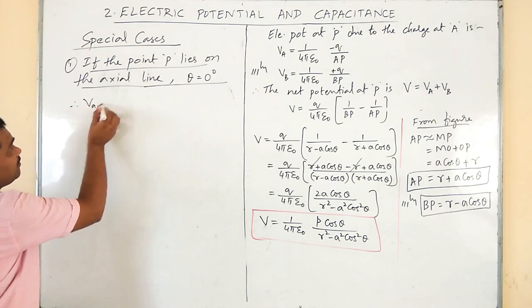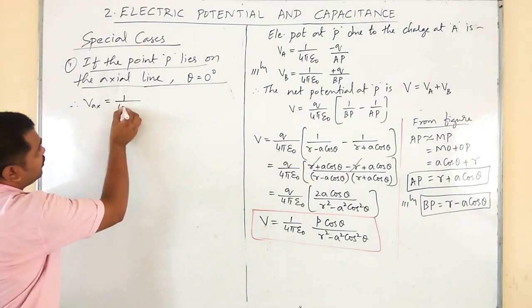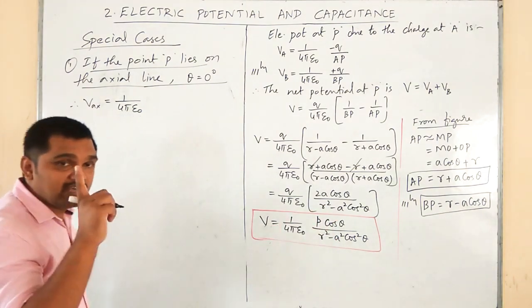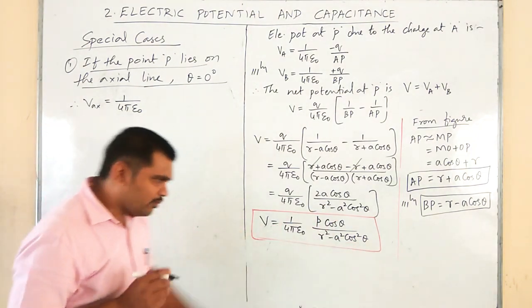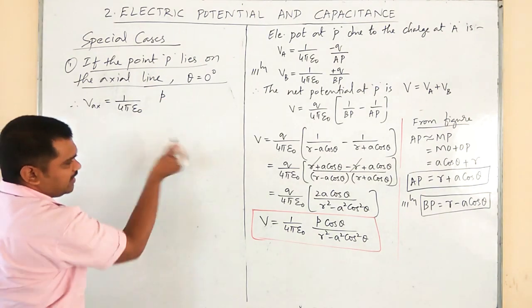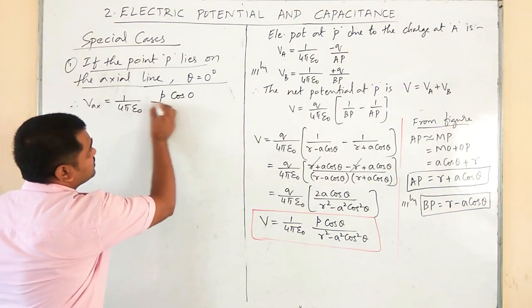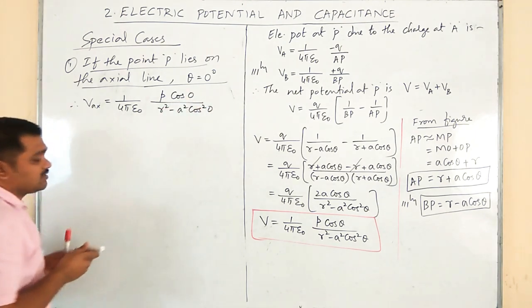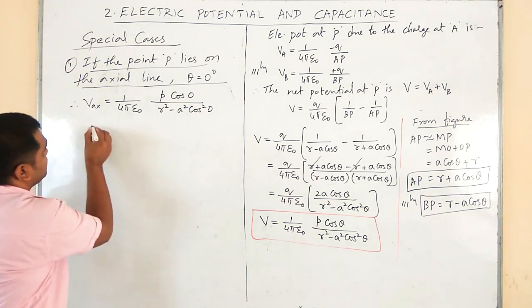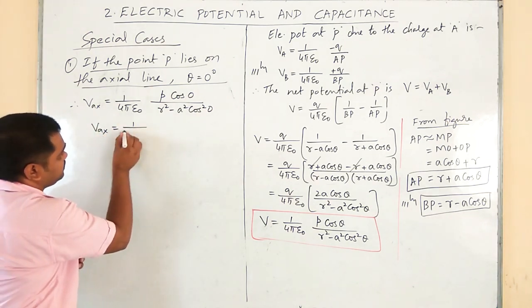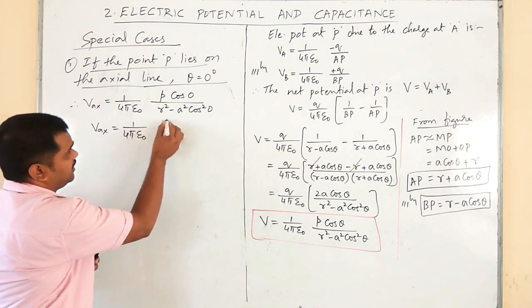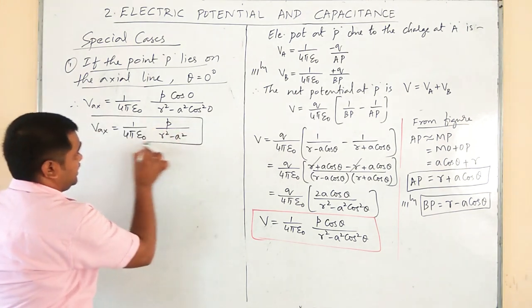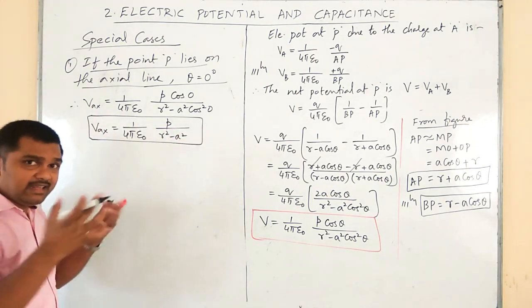Therefore, V axial will become 1 by 4 pi epsilon naught, p cos 0 divided by R square minus A square cos square 0. Cos 0 and cos square 0 are 1. Therefore, V axial is equal to 1 over 4 pi epsilon naught, p over R square minus A square, for any electric dipole.